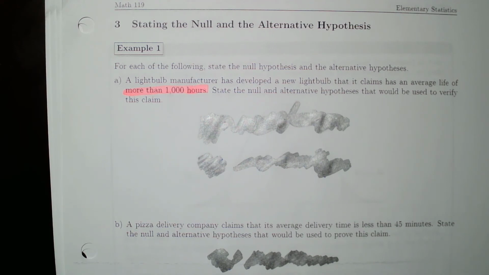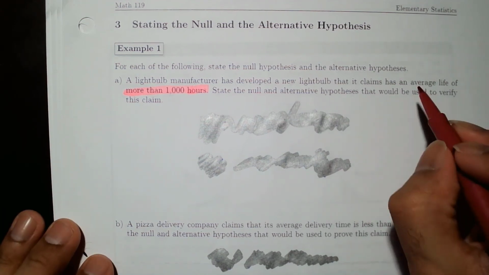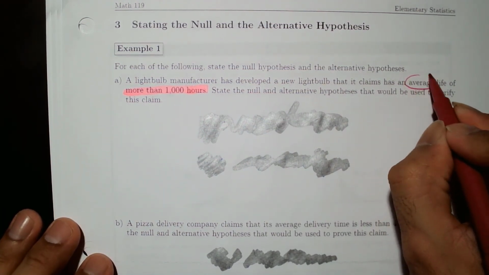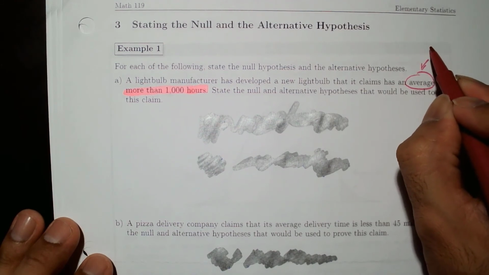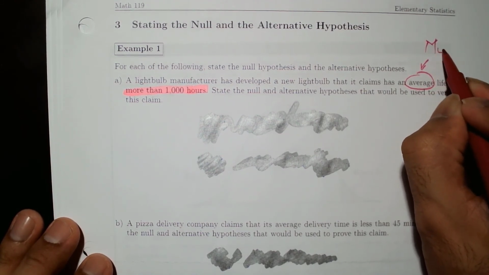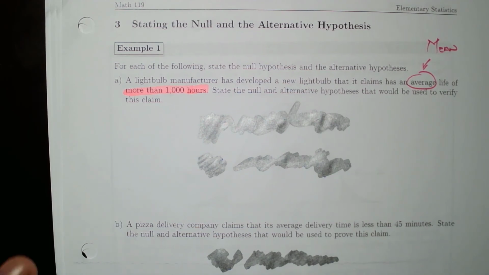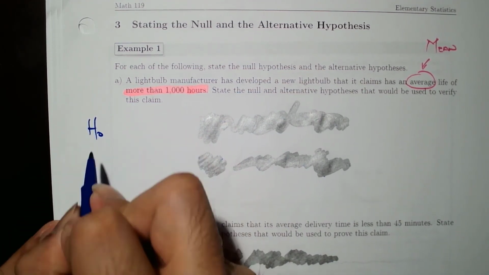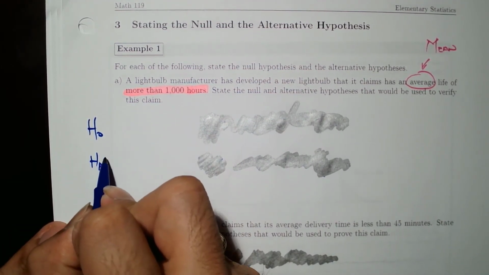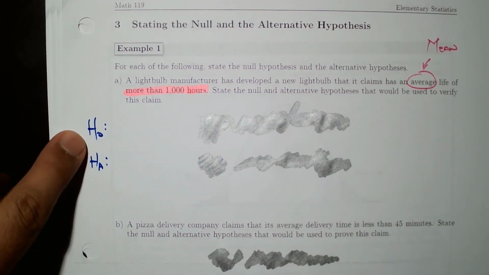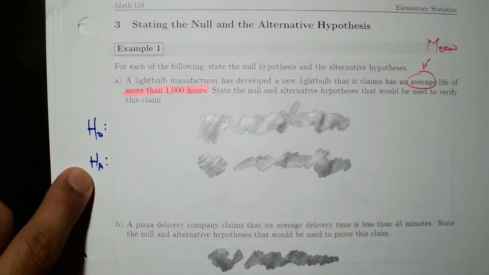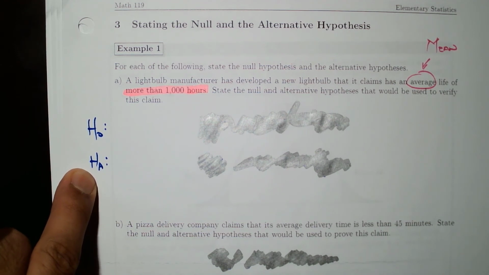All right, in this case we have to be careful with the symbols that we are going to use. Notice average. Average is a synonym of mean. Okay, so we are going to write the H0 and the HA. H0 is the null hypothesis. HA is the alternative hypothesis.